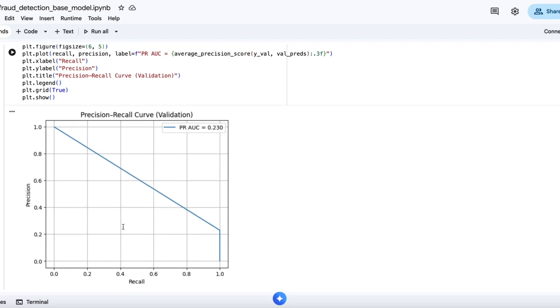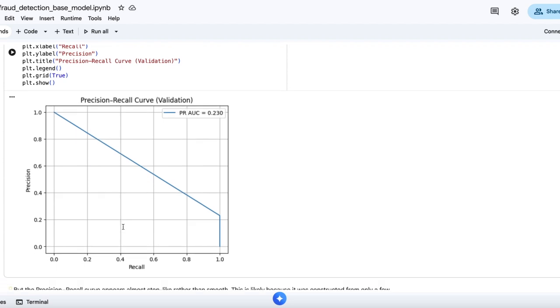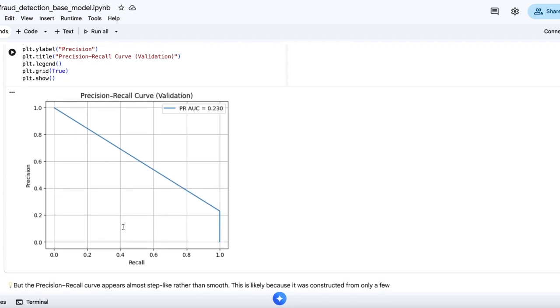But we can see our PR curve appears almost step-like rather than smooth. This is likely because it was constructed from only a few distinct scores instead of a smooth, continuous spectrum of scores. It can happen when we have highly imbalanced data and very sharp, rule-like fraud patterns in our simulated data.